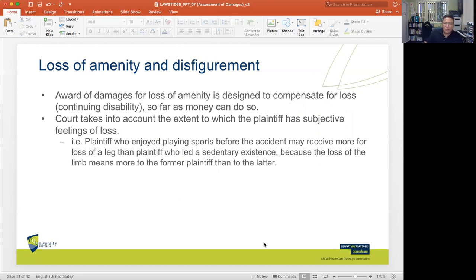The award of damages for loss of amenity is designed to compensate for loss or continuing disability so far as money can do so. So a court takes into account the extent to which the plaintiff has subjective feelings of loss. You're most likely to experience a subjective feeling of loss because there are certain things you can no longer do.